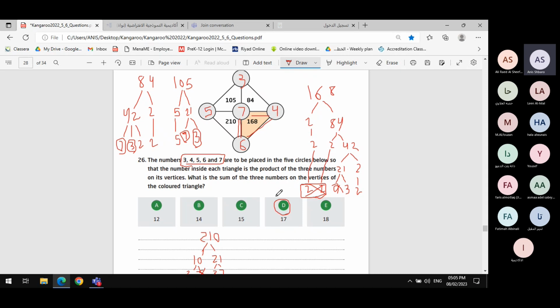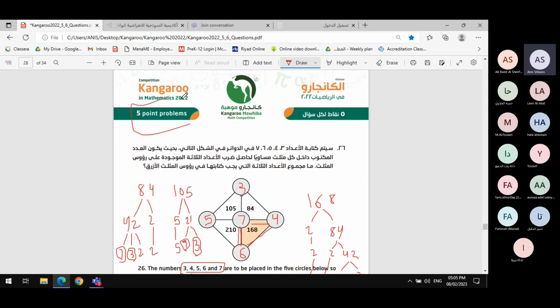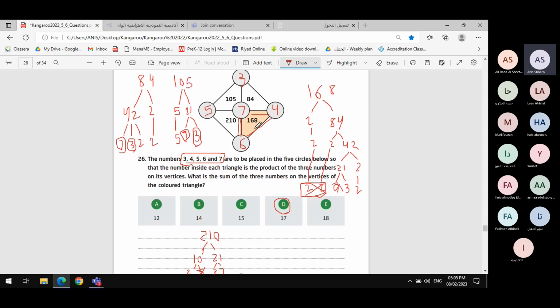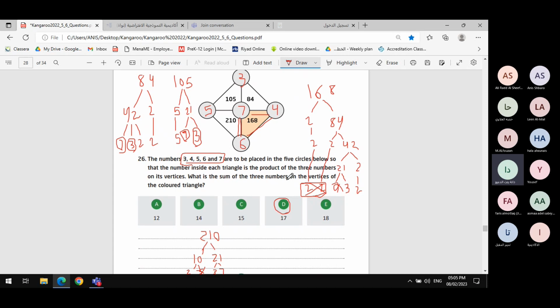It's normal because we are dealing with a 5-point problem. So of course it's going to be hard and we are going to work. Are the 5-point questions going to have more time or the same time? No, 30 questions will have 75 minutes.